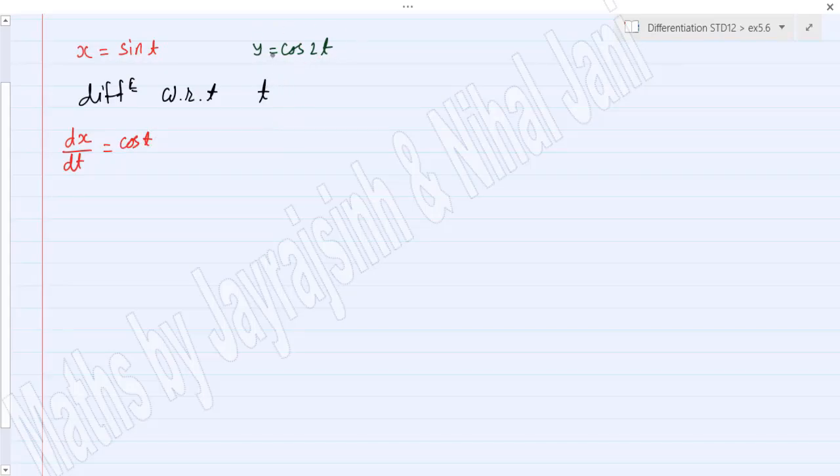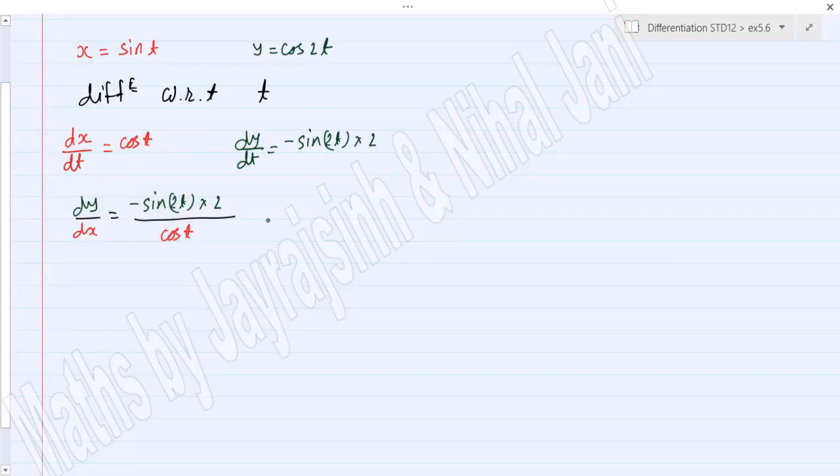Similarly, from the equation of y, dy by dt is equal to minus sin 2t into the coefficient of t, which is 2. To get dy upon dx, just take the ratio of dy by dt and dx by dt. So in the numerator you have to put dy by dt upon your dx by dt in the denominator.